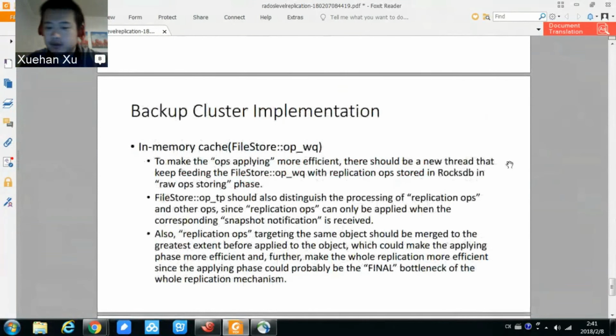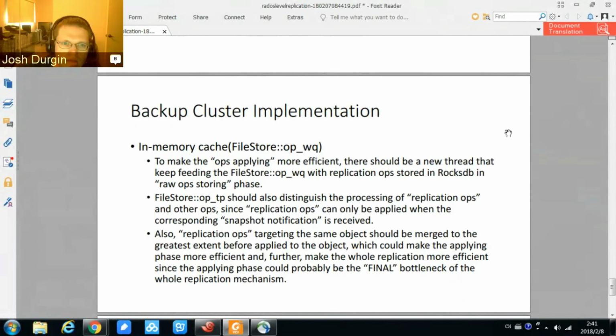And then about the last part, do you have other things that you worry about? Well, I guess one worry would be that storing them in RocksDB might not be ideal if the bottleneck is CPU or write throughput, since RocksDB tends to have quite a bit of write amplification.